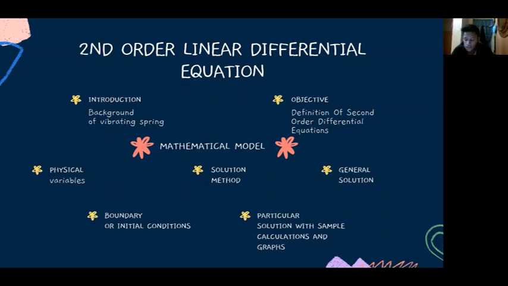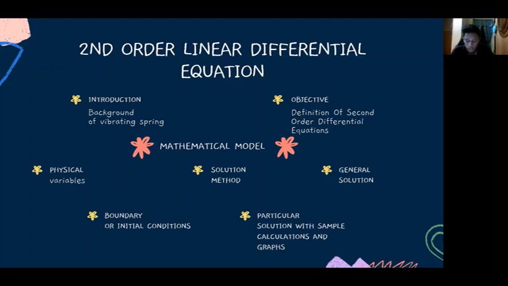Thus, the general solution is x(t) equal to c1 cos wt plus c2 sin wt, equal to A cos(wt plus alpha), where the frequency w equals the square root of k over m, the amplitude A equals the square root of c1 squared plus c2 squared, and the phase angle satisfies cos alpha equal to c1 over A.